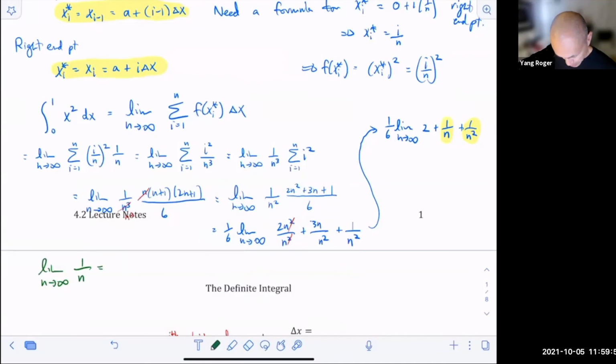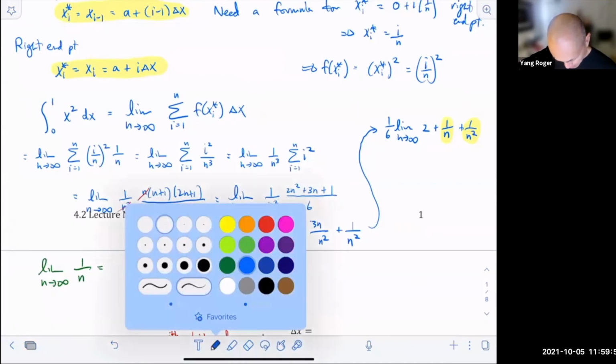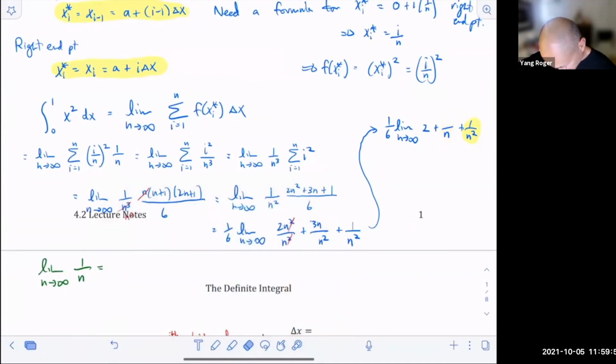There's a 3 here. My bad. This doesn't really matter what the top is. We put a 3 there. What do you guys think this limit is going to be equal to? Any thoughts?